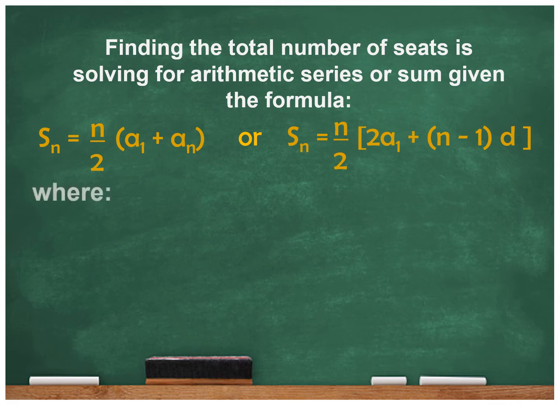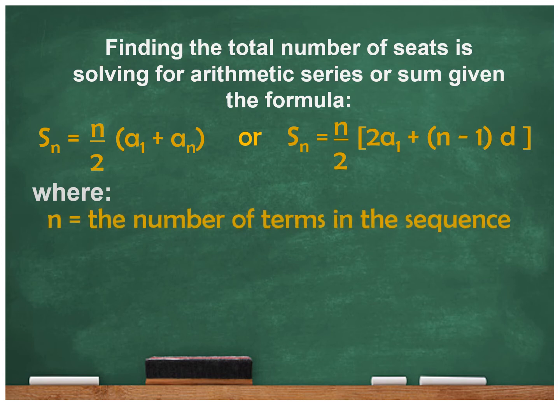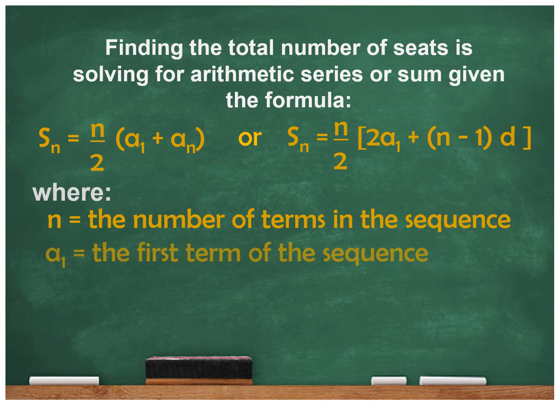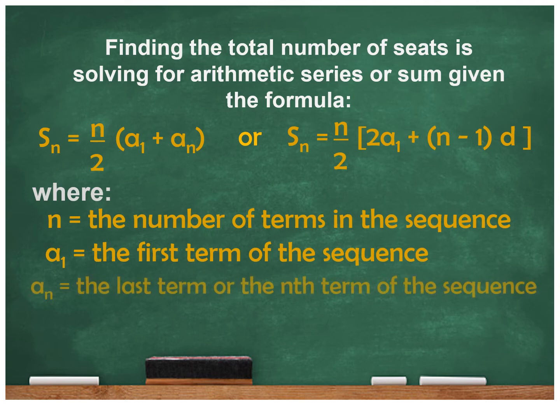In this formula, n is the number of terms in the sequence, a sub 1 is the first term of the sequence, a sub n is the last term or the nth term of the sequence, and d is the common difference.